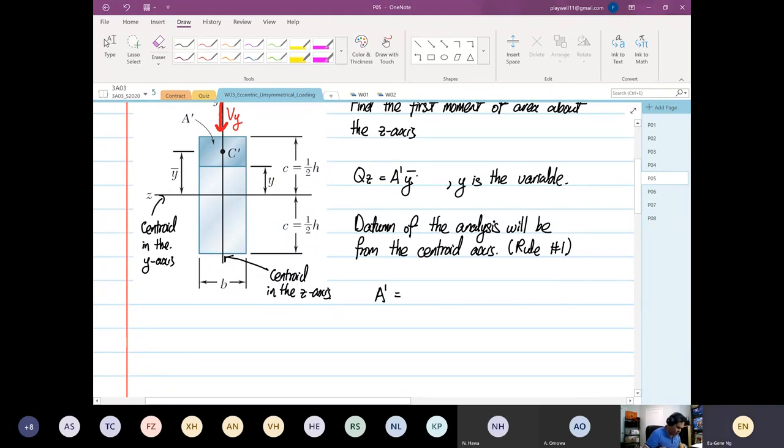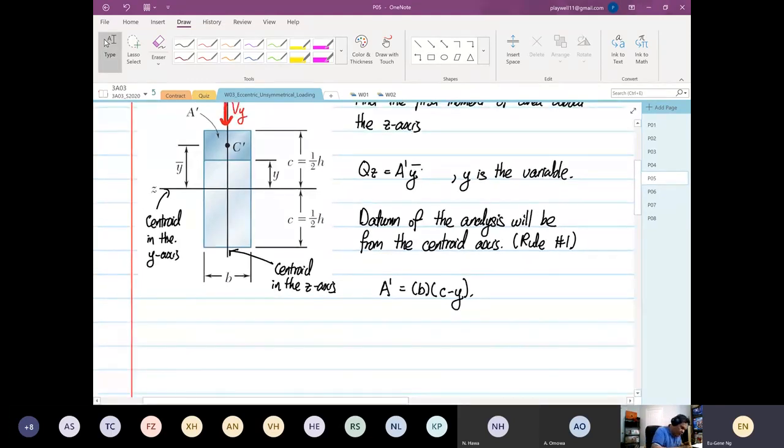The cross-sectional area. So the straightforward one is the width is B, and this is equal to C minus Y. Okay, C minus Y. But we can set rule number 2 now, right?